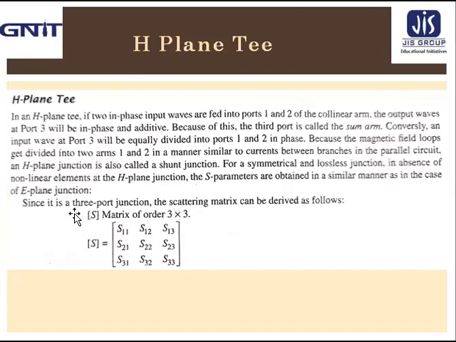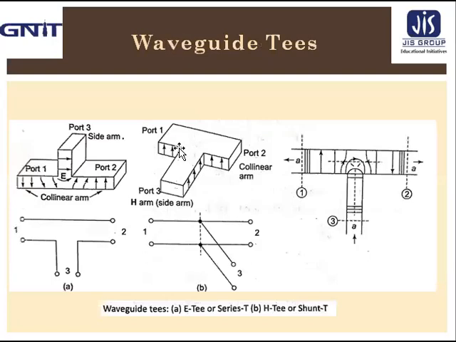Now if we consider the H plane T. In the H plane T, if two in-phase input waves are fed into port 1 and port 2 of the collinear arms, the output waves at port 3 will be in phase and additive.